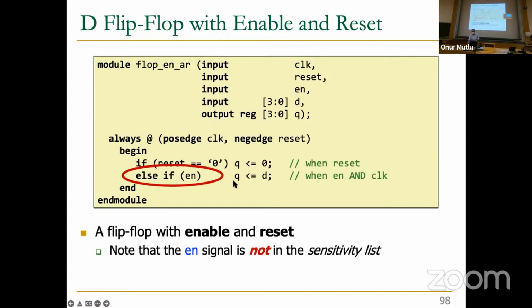And when that changes, you will basically propagate D to Q, which means that you're violating our principle of D flip-flop, which is the state should not change during a clock cycle. You're really changing the state based on an enable signal that is independent, asynchronous to the clock. Okay, so keep that in mind. Whenever you're doing synchronous designs, you should be very careful what you put into the sensitivity list. You can read this as Q gets D only when clock is running and enable is 1.